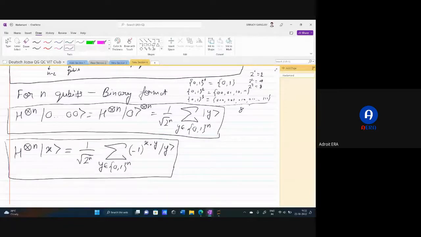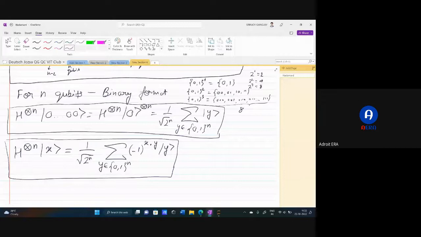And now, with the knowledge of these expressions, we are ready to see how Deutsch Jozsa actually works, because in the Deutsch Jozsa quantum circuit analysis, we are going to use these expressions. Remember, Deutsch Jozsa is for n qubits.